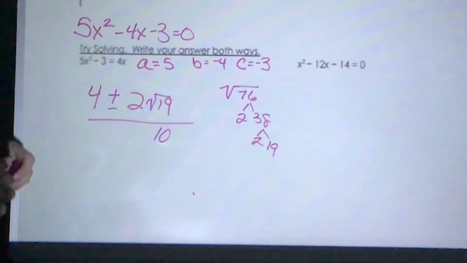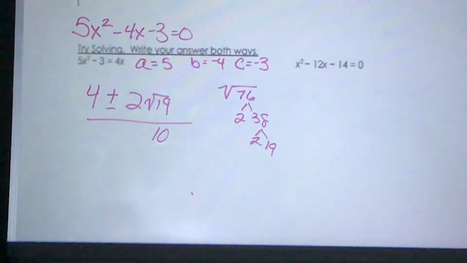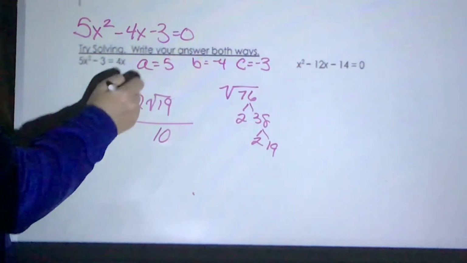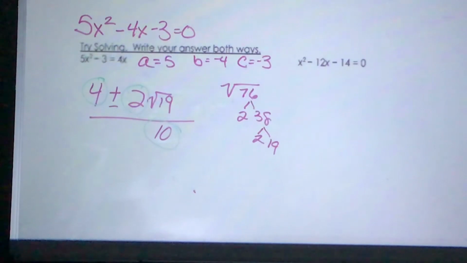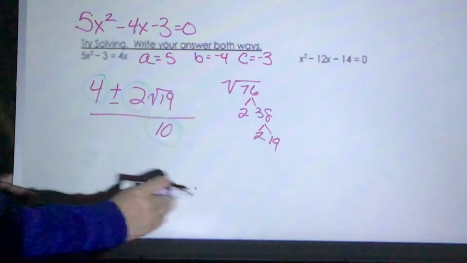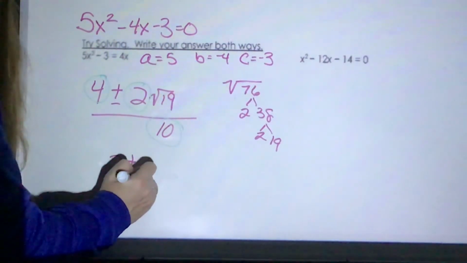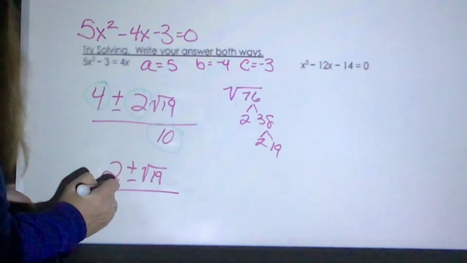Now I want to look and see if I can simplify this further by looking at my triangle of numbers. My triangle of numbers is the 4, the 2, and the 10. They can all be divided by 2. So my simplified radical answer would be 2 plus or minus root 19 over 5.